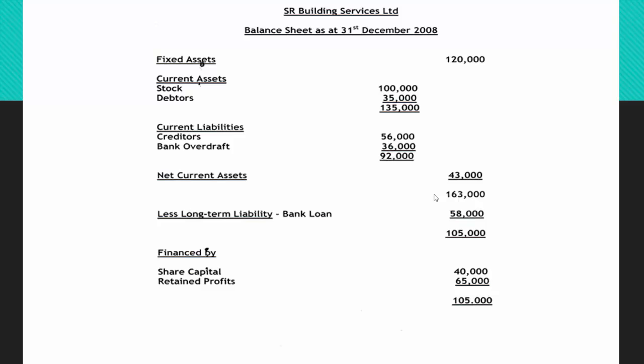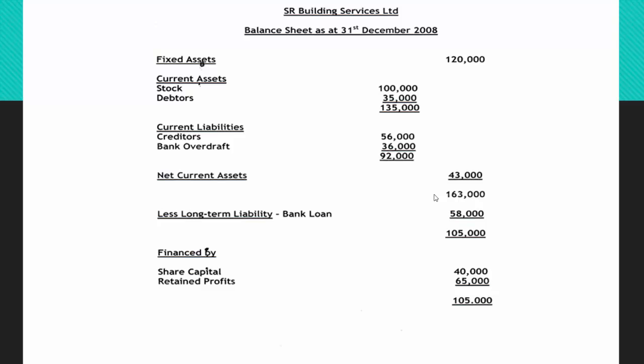In the next 12 months, its overdraft of £36,000 is going to need paying. They need to have cash or money in from other people to be able to pay that. Its creditors, our suppliers, people we owe money to, probably for that stock, are going to want that money.